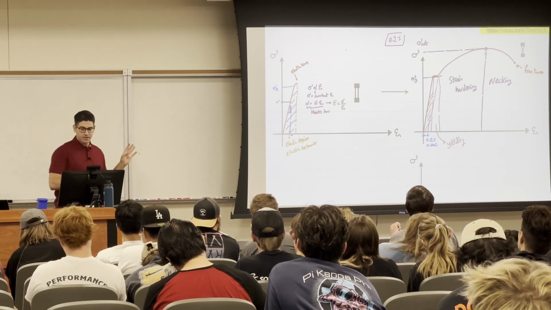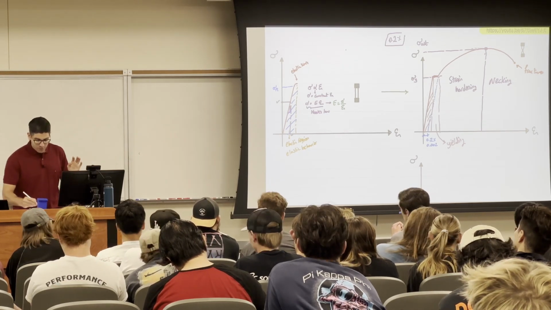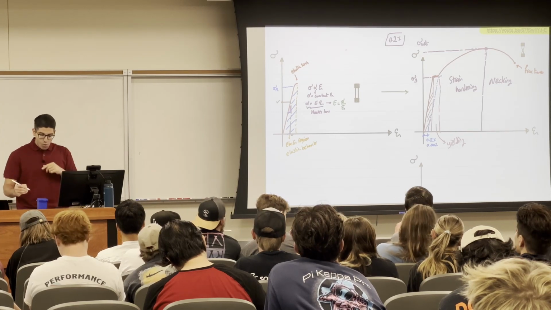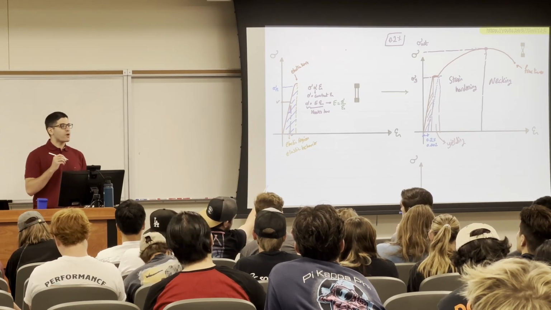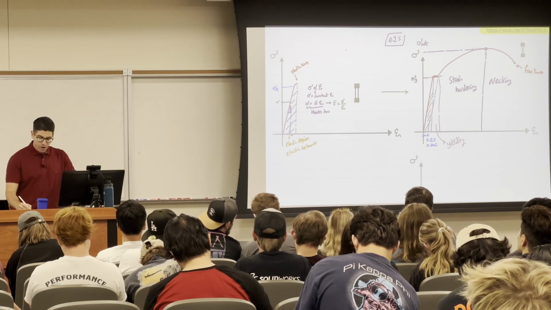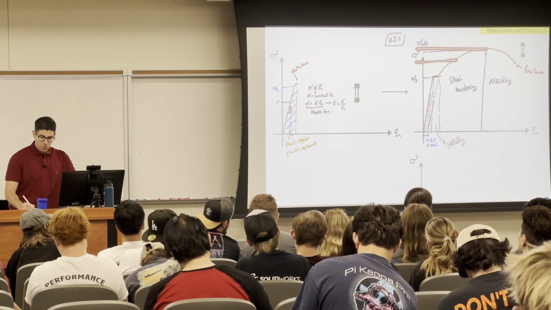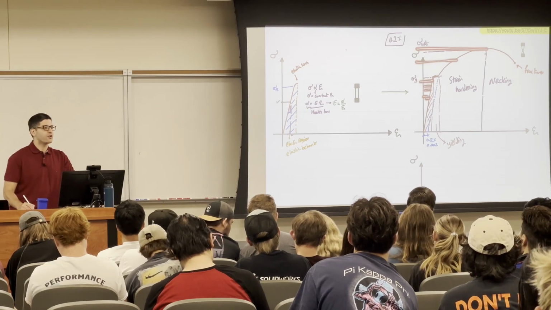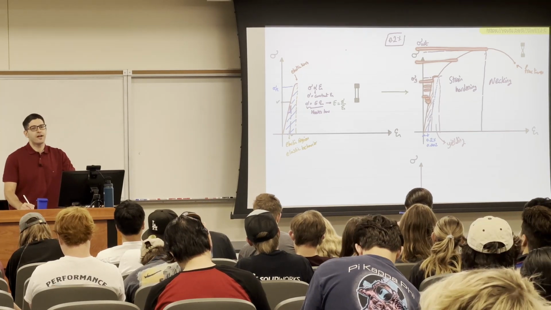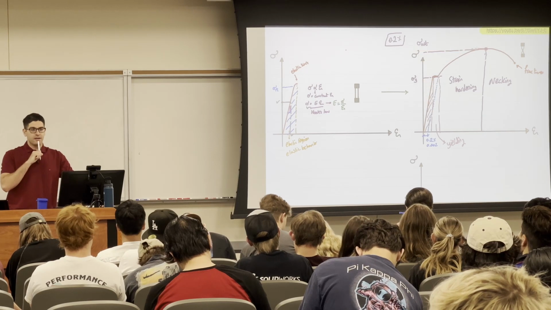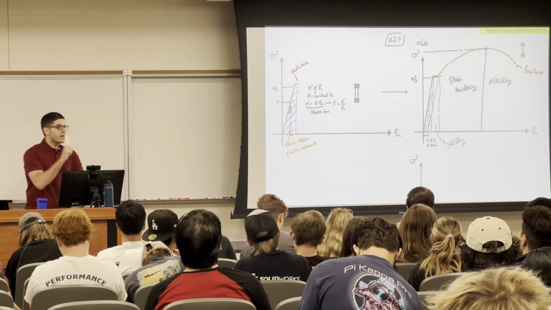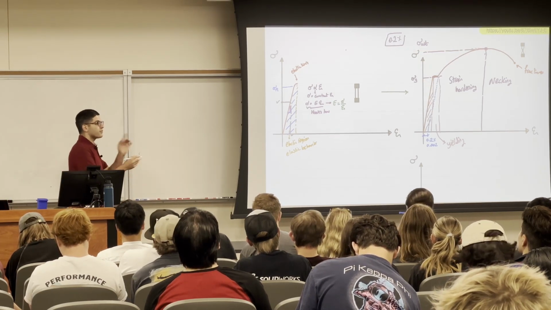Is that clear? So from what you've seen now, what stress are we designing our material for? Are we designing on its ultimate stress, or something in the linear elastic region? What do you think? Any of you? Linear elastic. And here we will come to the factor of safety point.